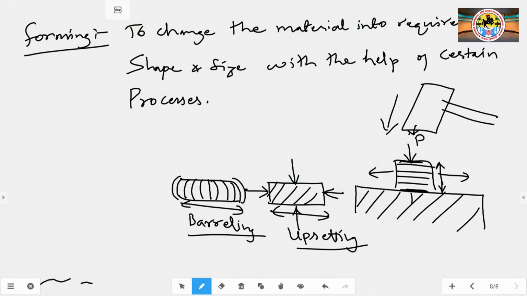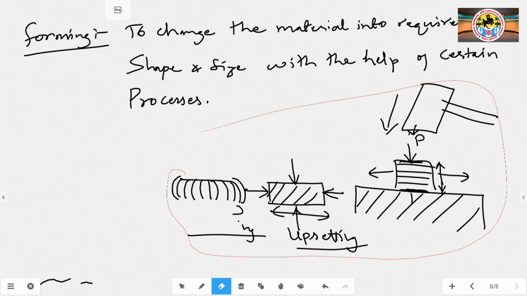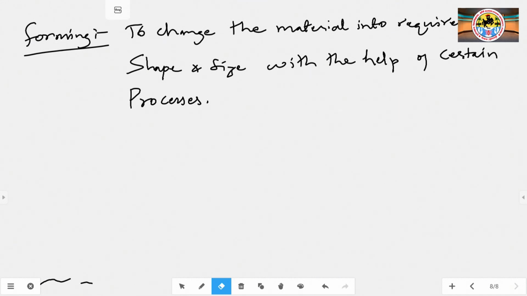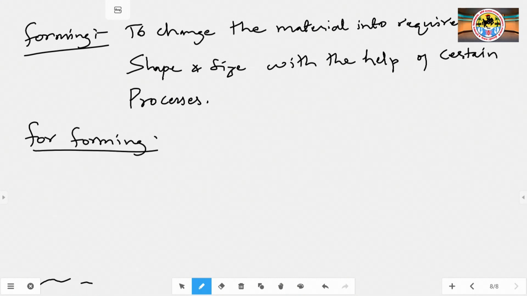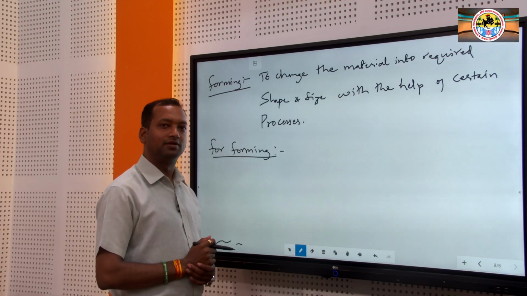So, the forming can be done with the help of some processes, but for forming, the condition we are supposed to have in the material is the most important thing.